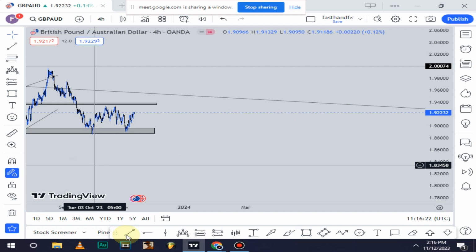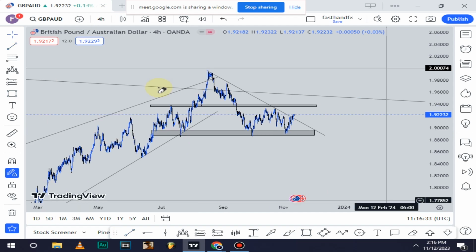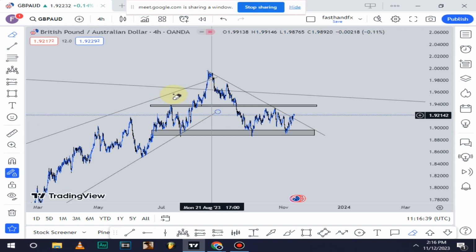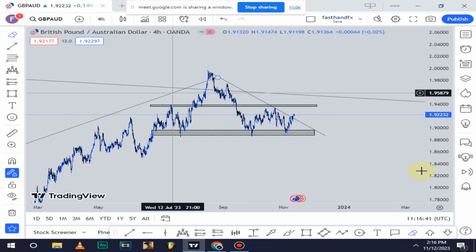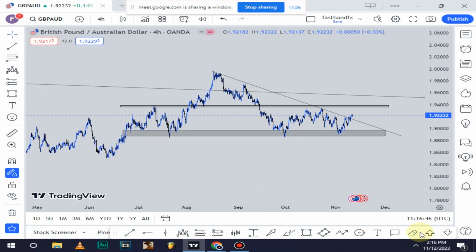So 1, 2, 3, 1, 2, 3 right there. If that will make sense. Boom. Right. So that means we just have to remove these trend lines of ours that we did draw. We don't need them. Let's not make our chart dirty. I'll also remove this.